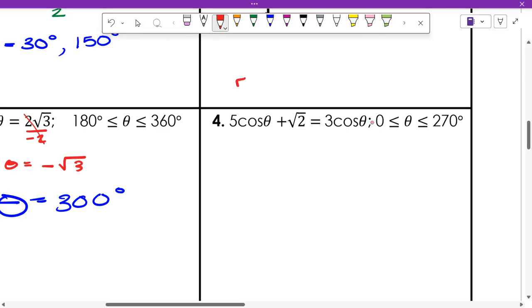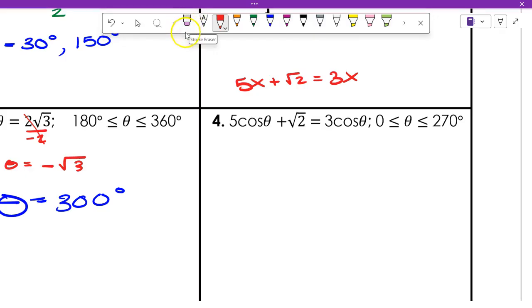I could look at this and just go 5x plus the square root of 2 is equal to 3x. Just get rid of the trig function and look at it with x's. That's a little bit more friendly for our eyes and the ways that we like to do things. And that might give you an idea of what to do. I don't necessarily anticipate that anybody's going to struggle with this one, but like I said, you eventually will get to one that you will struggle with.